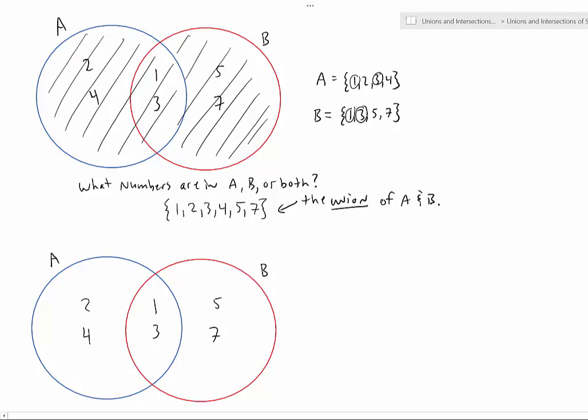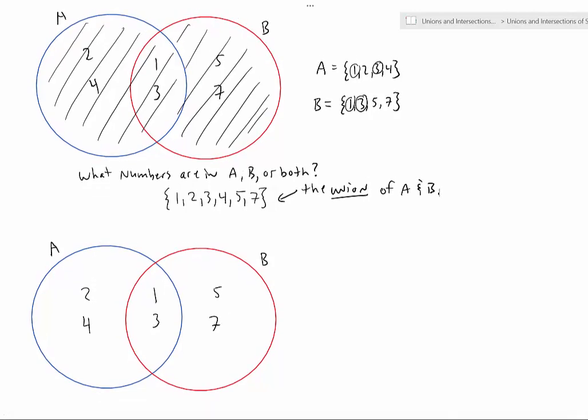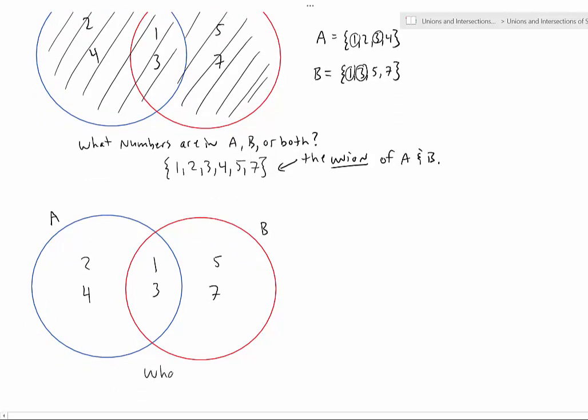Now we're in the second Venn diagram. We want to ask the question, what numbers are in both A and B? Well, we can already see what's in both. 1 and 3 are in both A and B at the same time. 2, 4, 5, and 7 are not.